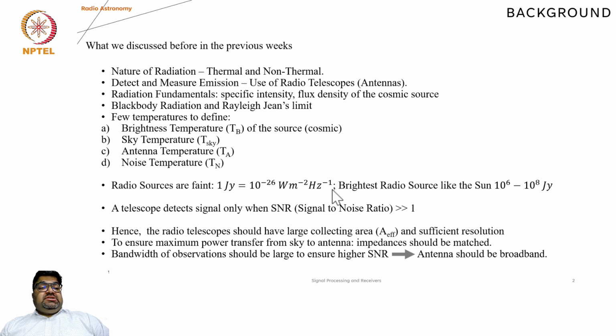And the brightest radio source, like the sun in radio, is about 10 to the power 6 to 10 to the power 8 Jansky, which still brings the amount to 10 to the power minus 20 to 10 to the minus 18 watts per meter square per hertz.